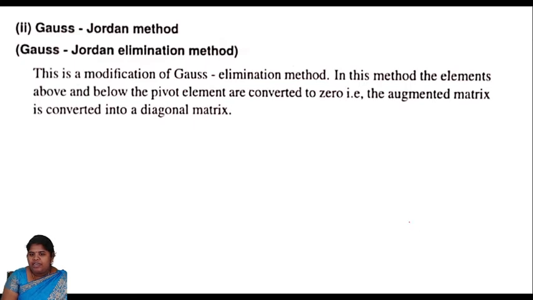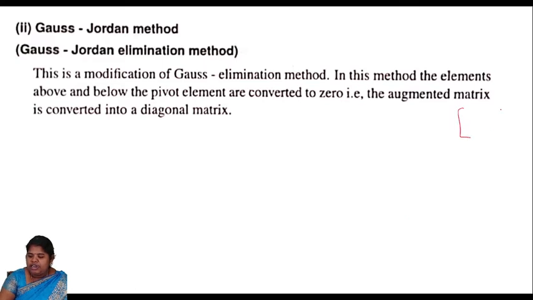Now the second method is the Gauss-Jordan method, or Gauss-Jordan elimination method. This is a modification of the Gauss elimination method. In this method, the elements above and below the pivot element are converted to 0. That is, the augmented matrix is converted into a diagonal matrix.